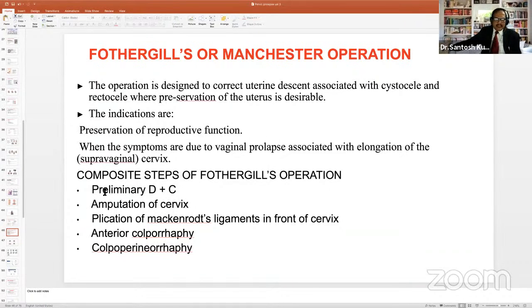So in this case, you do preliminary dilatation and curettage to see that there is no uterine pathology. If uterine pathology is there, the uterus needs to come out.